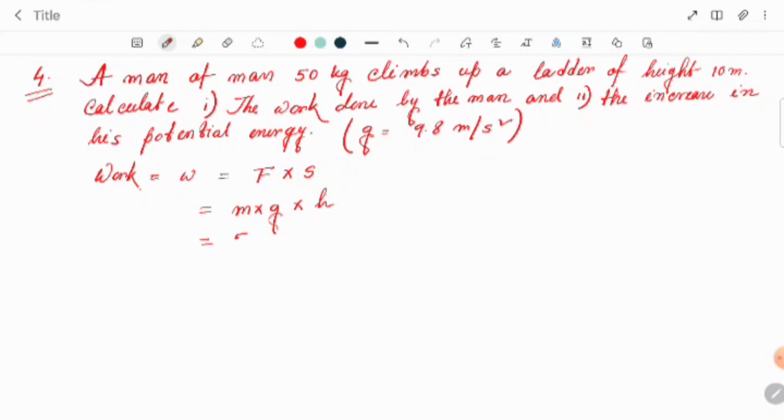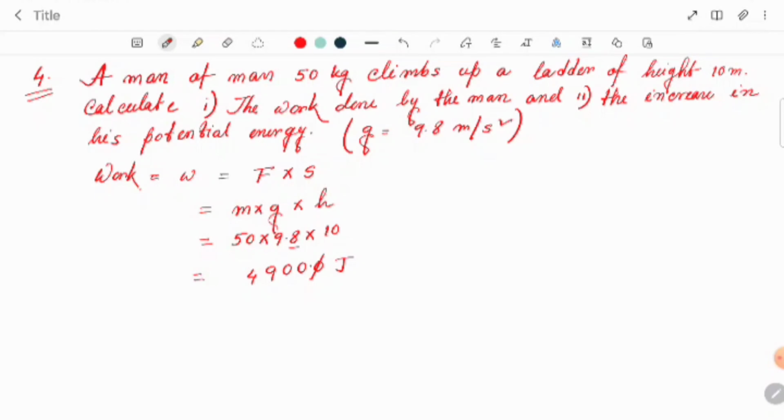Mass is 50, g is 9.8, and the height is 10. So 50 into 10, 500 into 9.8, we can say 4900 joule.